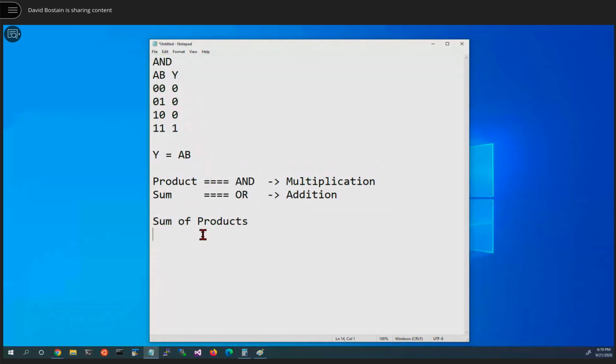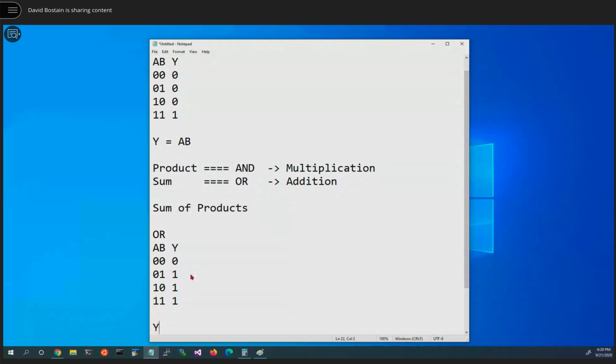Now let's look at the OR function. It has A, B, and Y, same type of inputs. And what an OR function says is if either or both of the inputs are true, the output is true. So this is a 0. All the rest of the lines are 1s.